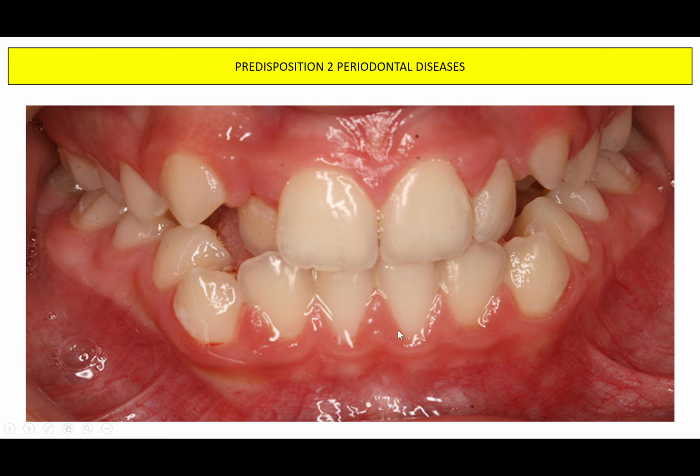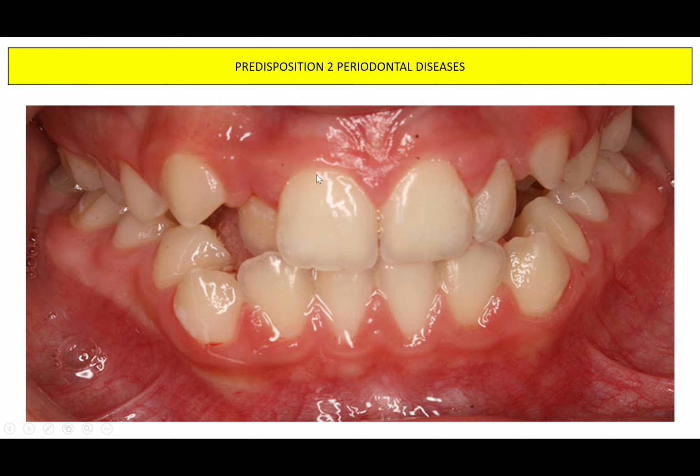Crowding can also cause one or more teeth to be squeezed buccally or lingually. Here you can see this tooth is squeezed lingually, making it out of the investing bone, resulting in reduced periodontal support like in this tooth. Traumatic overbite can also lead to increased loss of periodontal support, and is therefore another indication for orthodontic treatment.